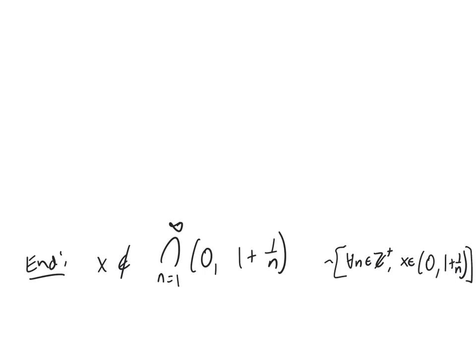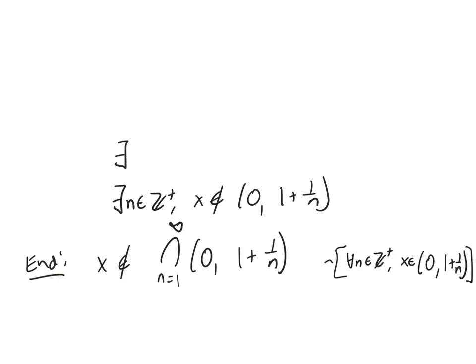What happens when you negate a for all? It becomes there exists. So there exists an n in Z plus, the positive integers, so that x is not in that interval. There has to be one of those intervals that x is not in, and I'm going to call that n.